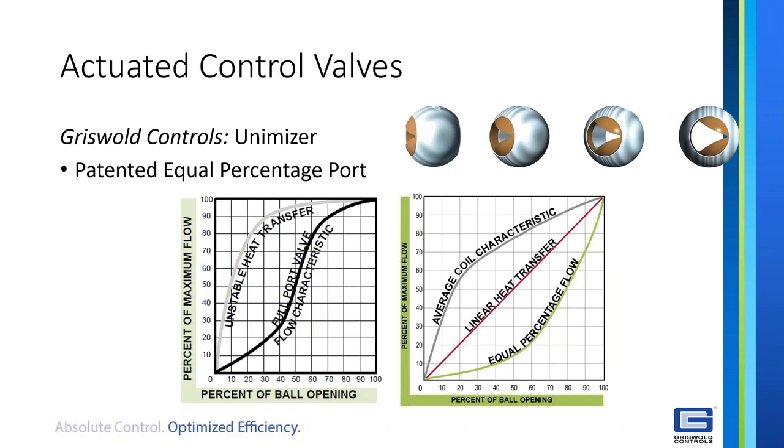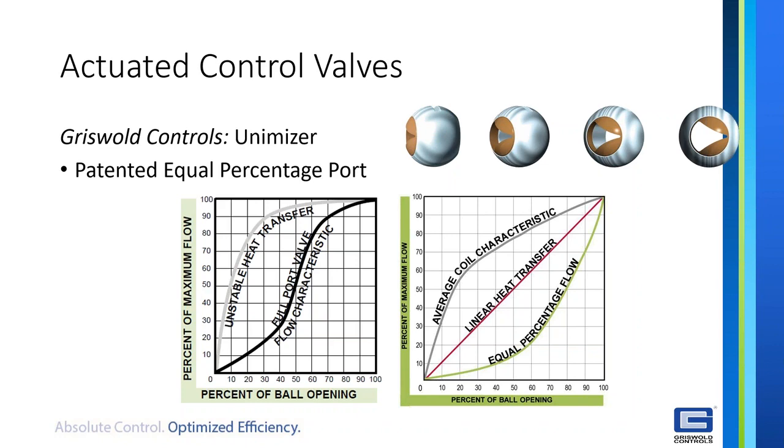Looking at the average coil characteristic graph on the right side, when you've got 10% of the ball opening, so a small amount of flow, you have a fairly large amount of BTU heat transfer. That makes sense because the water's moving slowly, so there's more time for that water to either release heat or cooling to the coil.